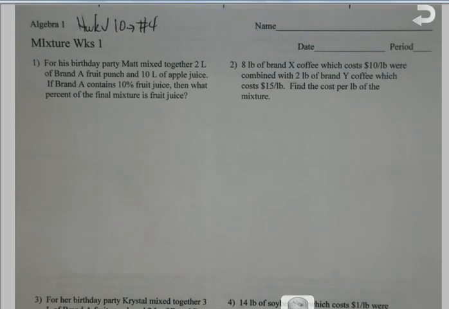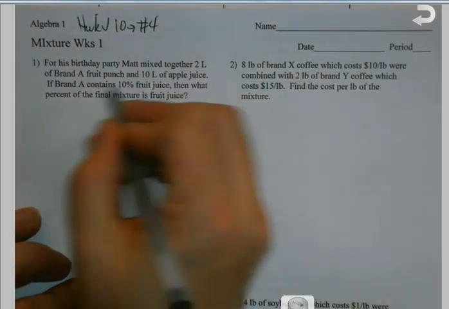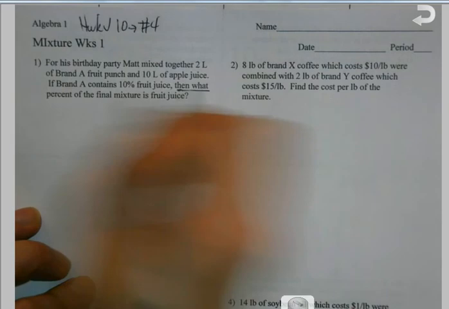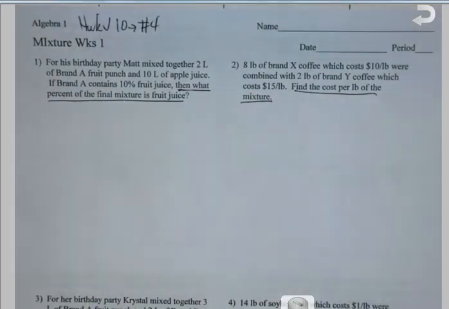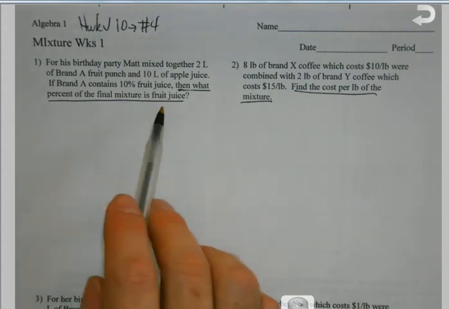And you'll notice on these there's a real similar setup with these versus the ones we just did. Because if you look at the ends on these, that very last part, that's where you're going to find out how these are going to set up. For instance, if it says, what percent of the final mixture is fruit juice?